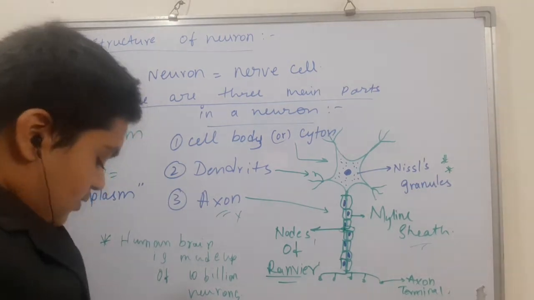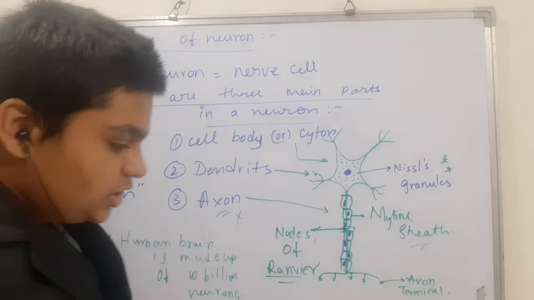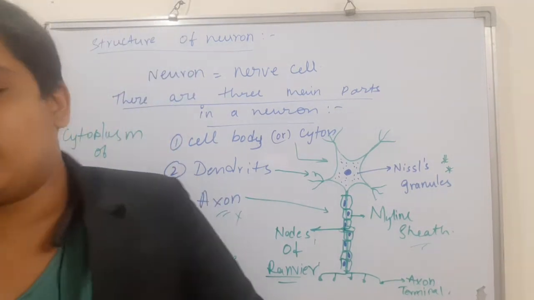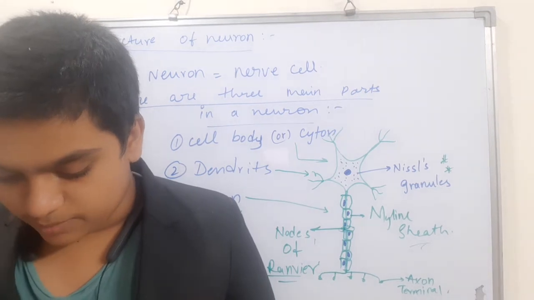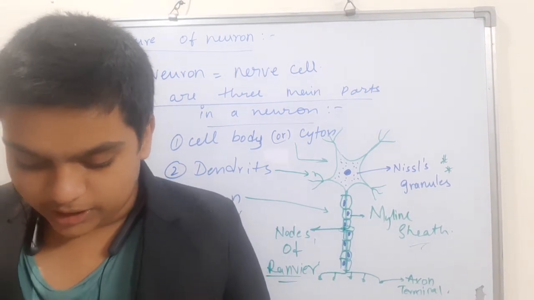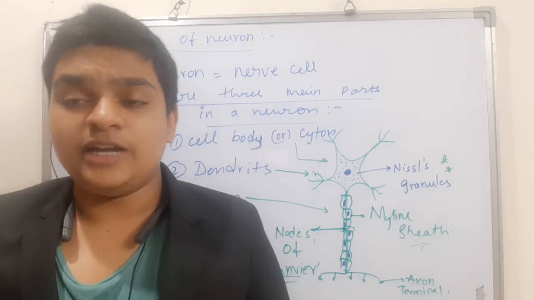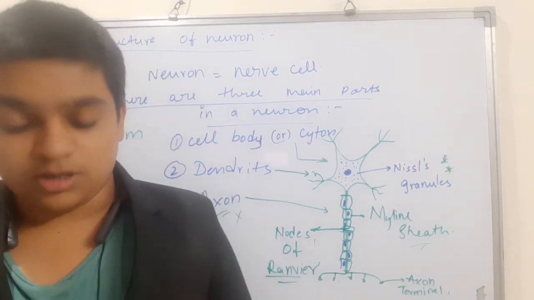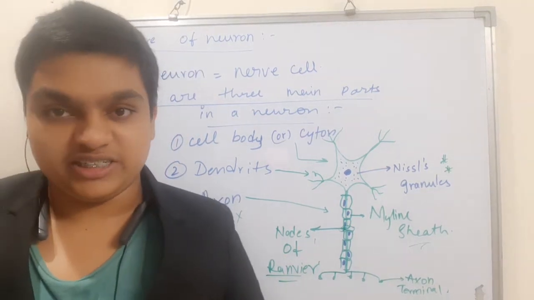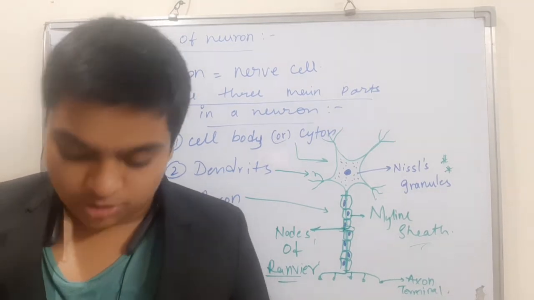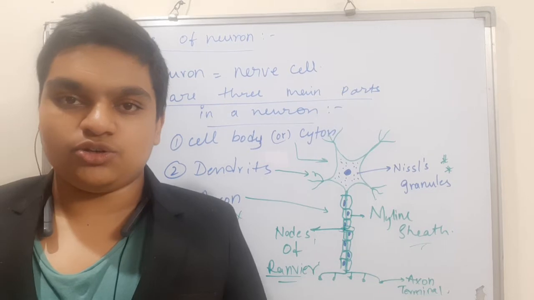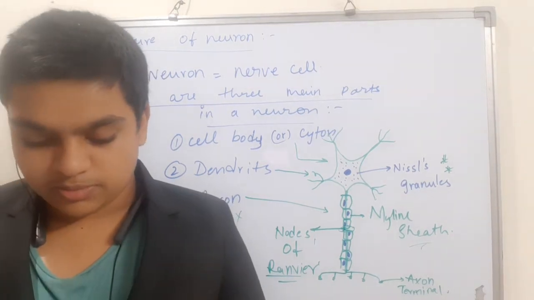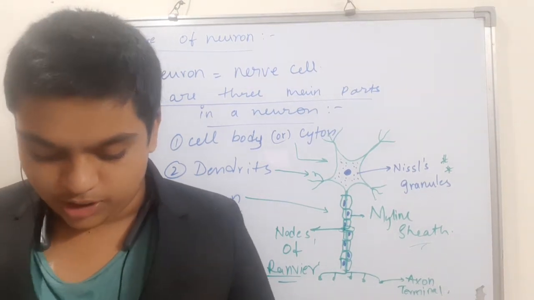Now, as I said, we will be seeing some important terminology which is required for the transmission of nerve impulses. Before going to that, let us see the types of neurons based on the secretion of myelin sheath. Then we will see the types of neurons based on the number of dendrites and axons. Last I will tell you the terminology, because before going into terminology this is important.